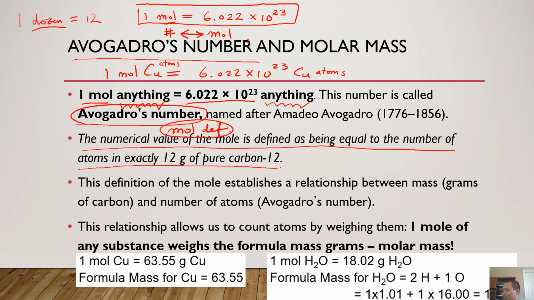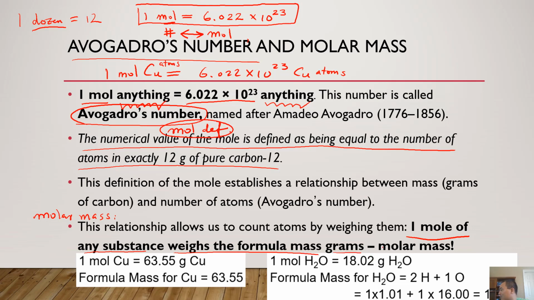We're going to introduce another relationship, that's the molar mass. So what do we mean by molar mass? Molar mass just tells you how many grams of one thing is inside 1 mole of that thing. We do know 1 mole of any substance weighs the formula mass number of grams.